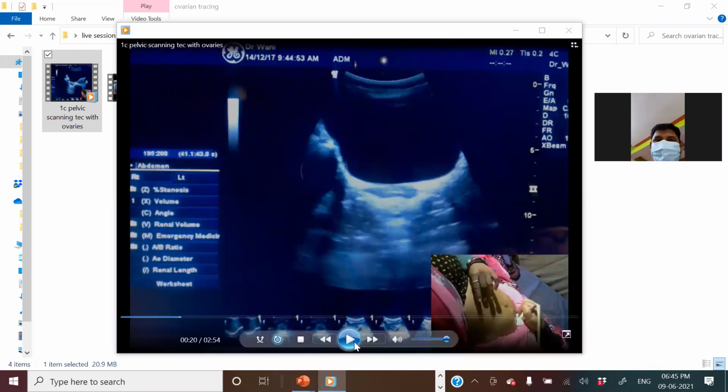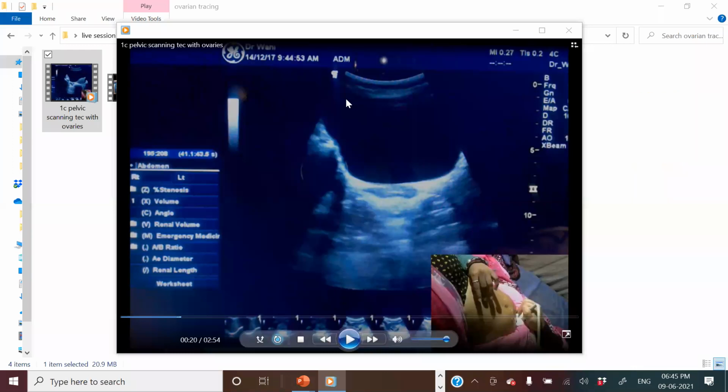So see, first of all, you have to keep anatomy in your mind. You have to swipe the probe. First, you know where to put the probe? Just above the pubis symphysis. Then if you are scanning the right ovary, you have to hit from the left side. And if you are going to scan the left ovary, you have to hit the beam from the contralateral side.